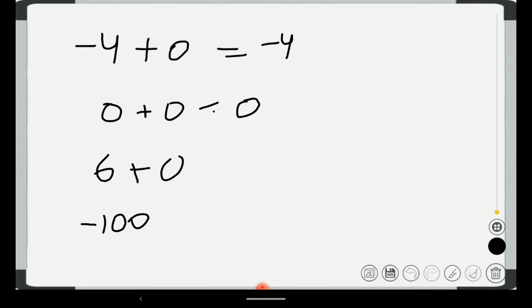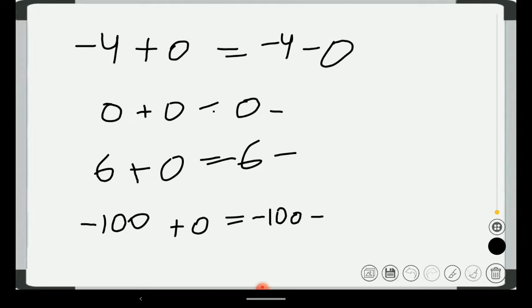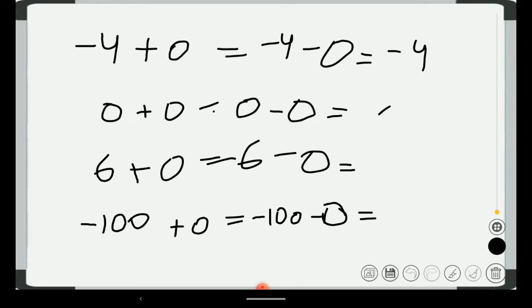When we add 0, we get 6. And when we add 0, we get -100. Now let's subtract 0. Let's subtract 0. As you can see, we also get the same numbers, that is -4, 0, 6 and -100.